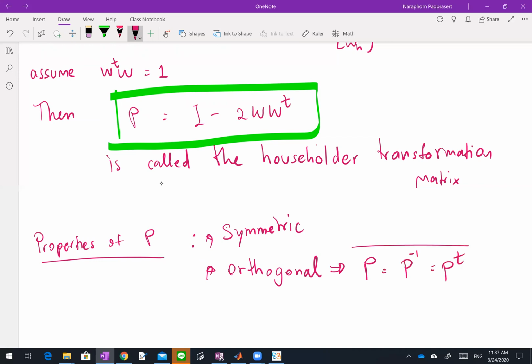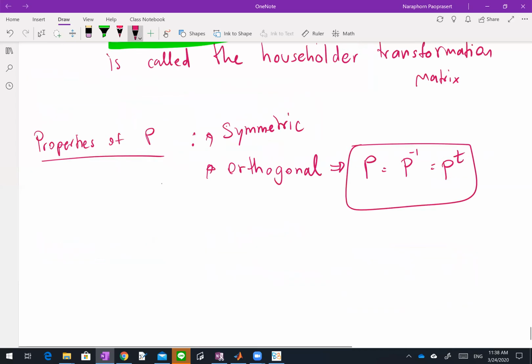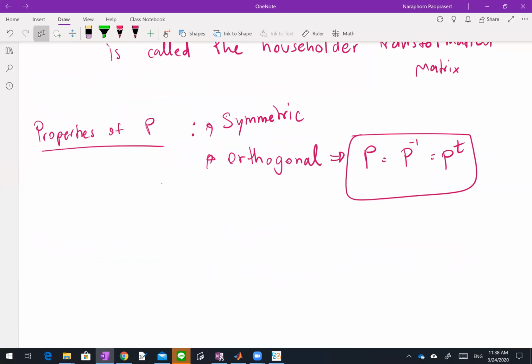So P is the same as P inverse, which is the same as P transpose. If a matrix has this property, it is called an orthogonal matrix. We're going to use this property a lot when we prove the Householder method.